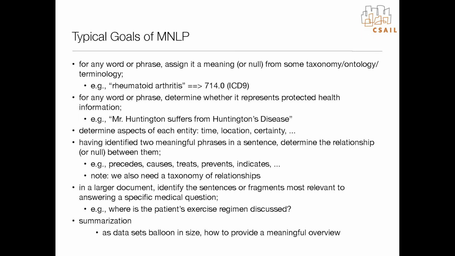And then, for certain kinds of applications, what you'd really like to do is to identify what part of a textual record addresses a certain question. So even if you can't tell what the answer is, you should be able to point to a piece of the record and say, oh, this tells me about, in this case, the patient's exercise regimen.